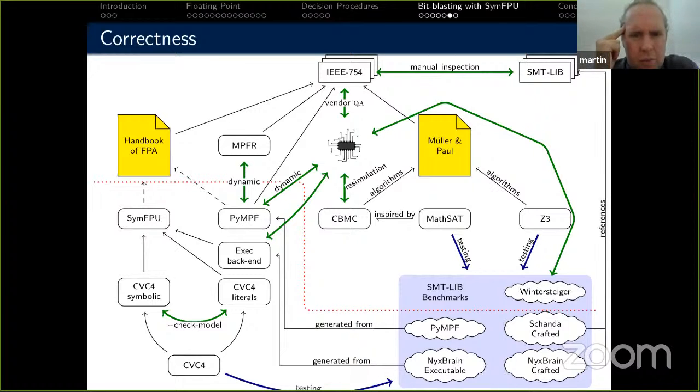I think this is probably the largest and most comprehensive verification attempt of an SMT solver for any project so far.